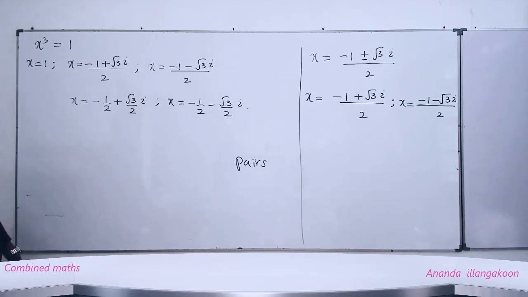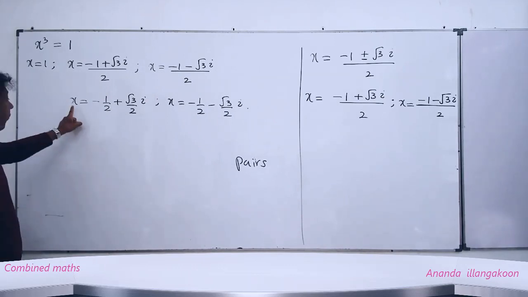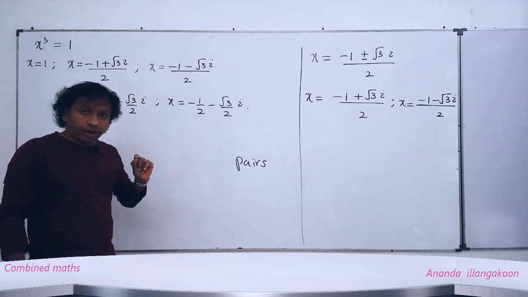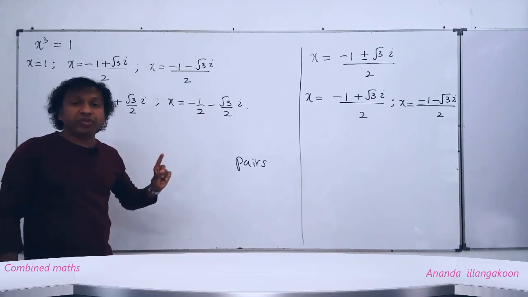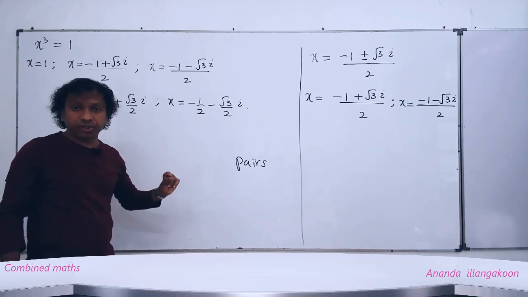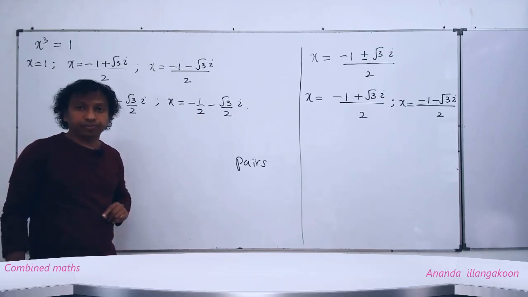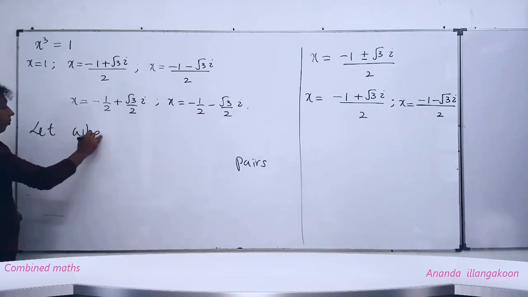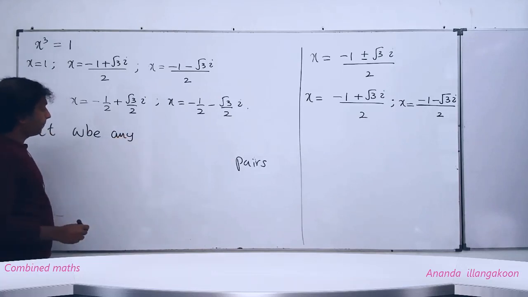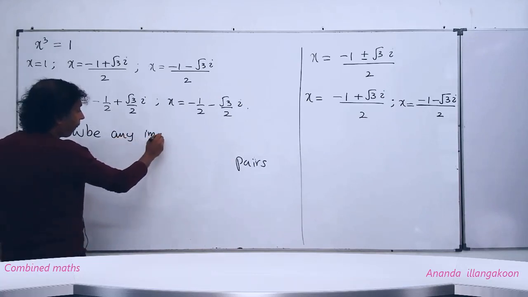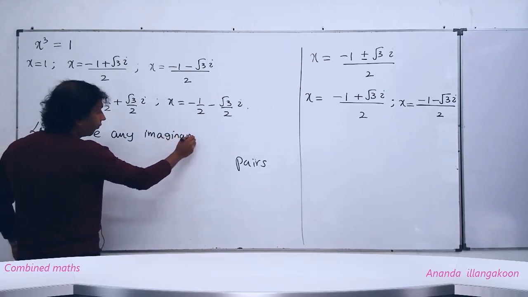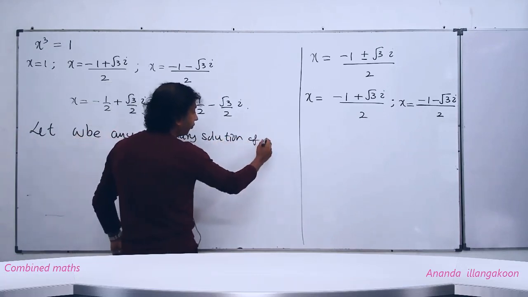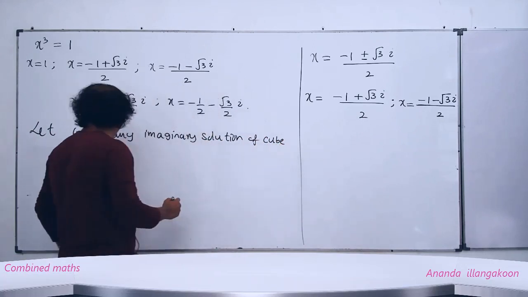Okay, now I am going to take, out of these two, any imaginary solution as omega. That is the standard notation to denote the imaginary solution of cube root of 1. Or write down, let omega be any imaginary solution of cube root of 1.